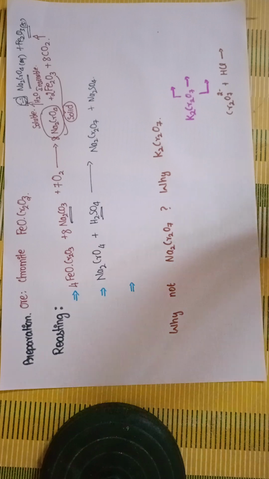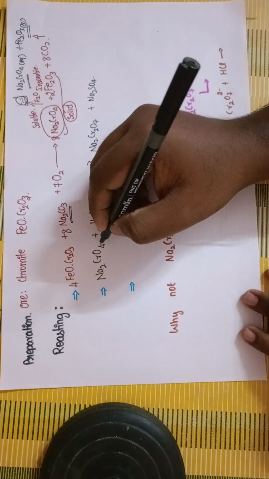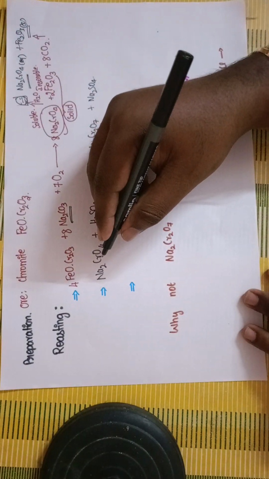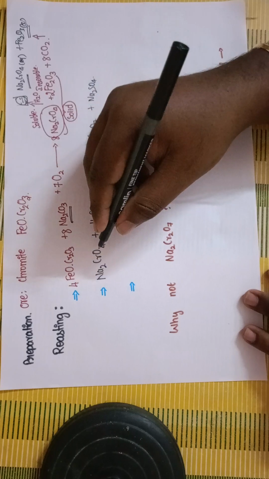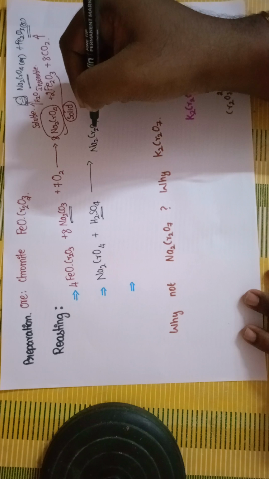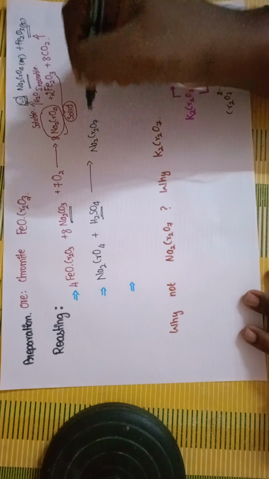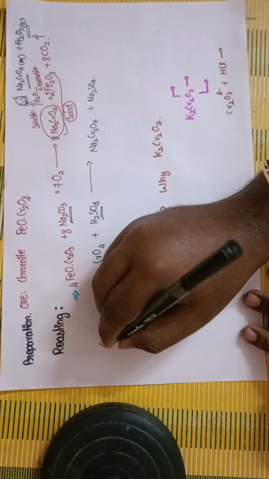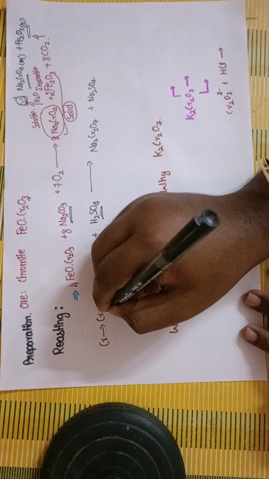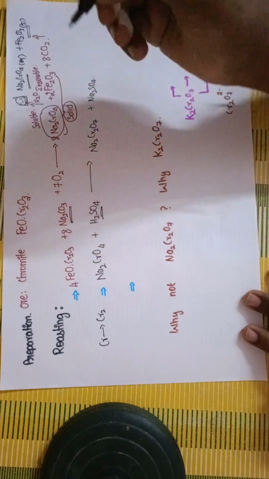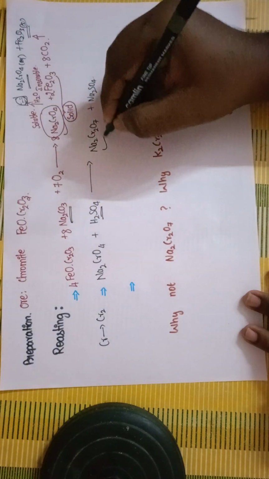What is happening here? Here chromium exhibits plus 6. In acidic medium, chromate is converted to dichromate. This is what is happening.